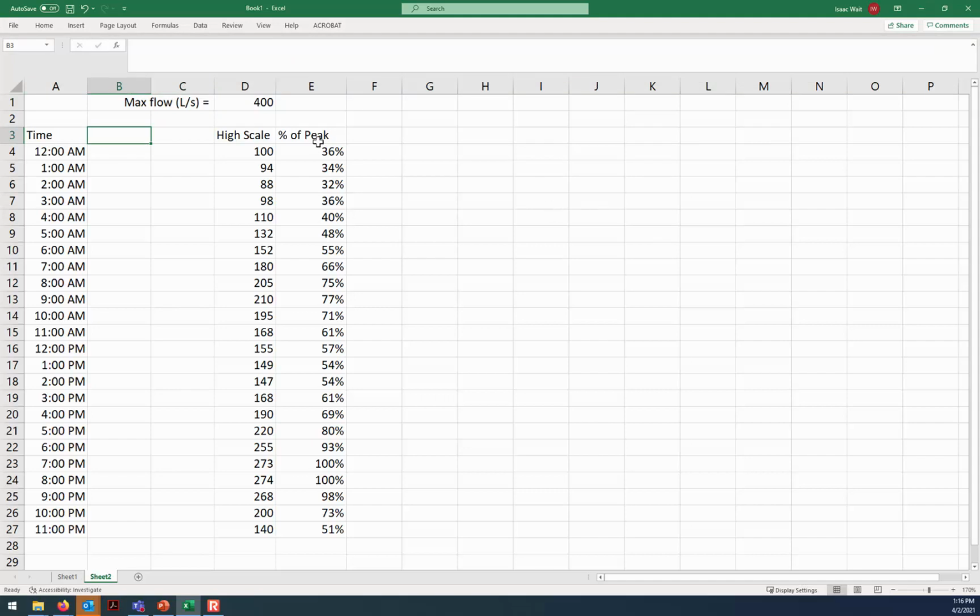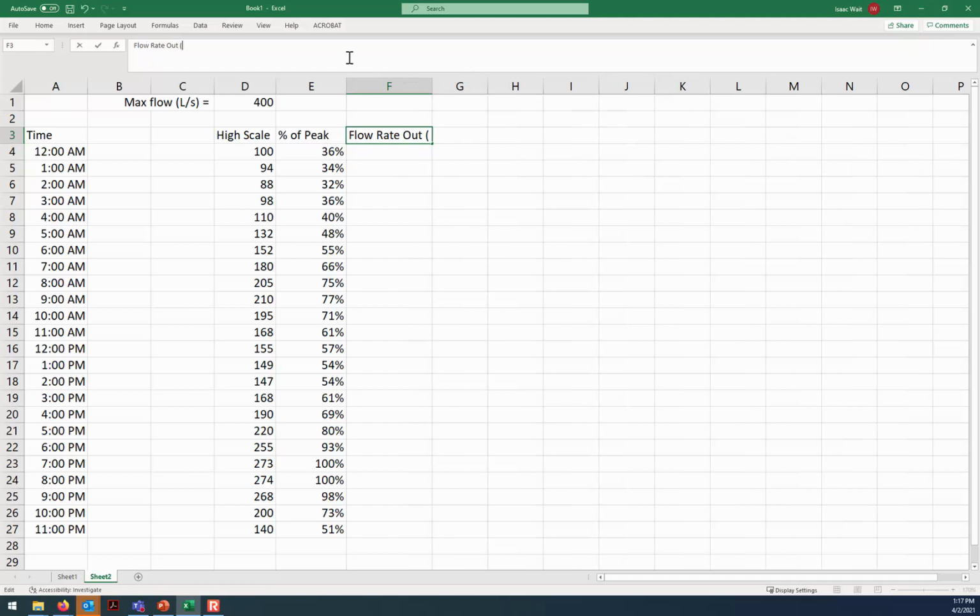So if that is the maximum outflow, then next to this I'm going to have my flow rate out, and this is going to be in terms of liters per second as well. Okay, so the flow rate out is the max flow, which I'll anchor, multiplied by the percent of peak.